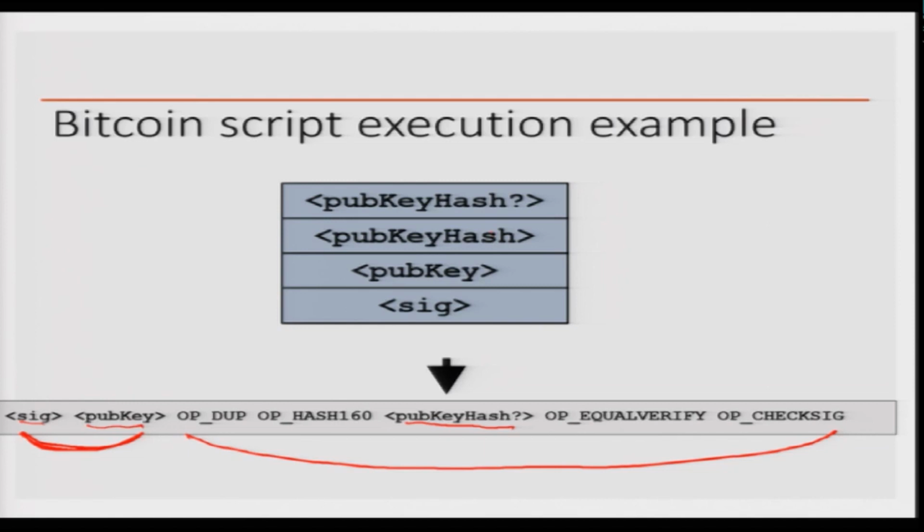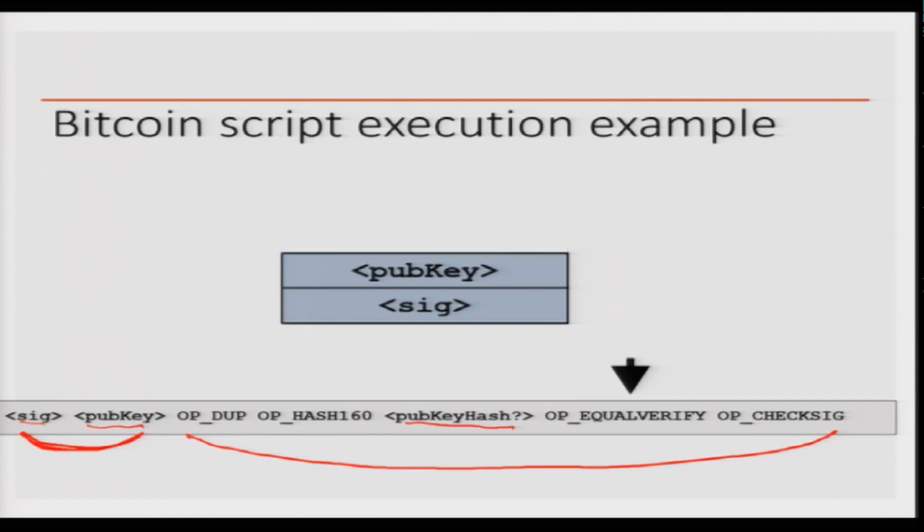Then I have another instruction which says EQUALVERIFY. This instruction takes the top two elements of the stack and verifies if they are equal. If they are equal, it returns true, which means those two things disappear from the stack, but nothing is pushed on the stack. So, now I have only the public key and the signature, and then I encounter the next instruction, which says check the signature.